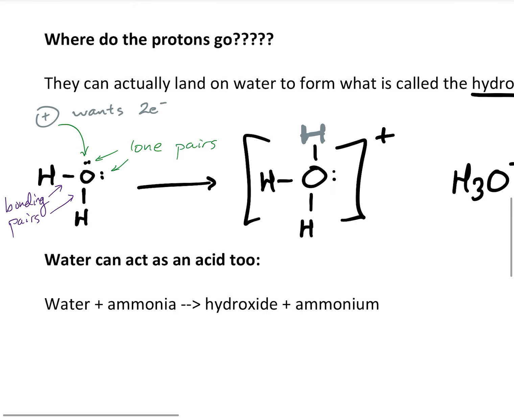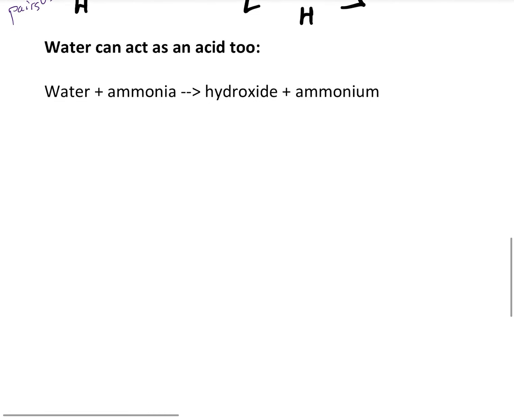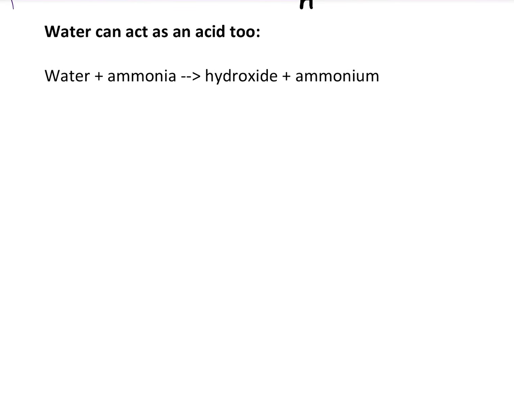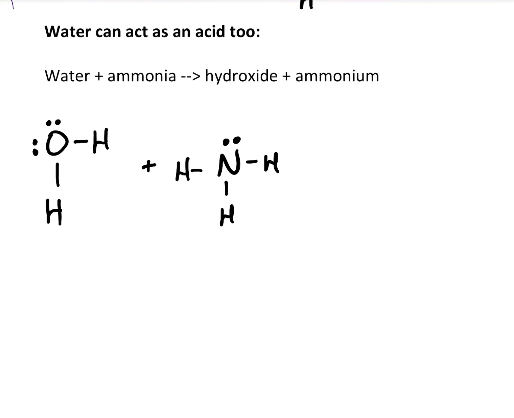Now, another weird thing can happen with water. Water itself can actually act as an acid. And if we remember the definition that I just said, an acid is any chemical that can release protons. So sometimes, in your giant solution, you've got ammonia. Now, ammonia is a molecule with nitrogen in it, with a lone pair. And since nitrogen wants to gain 3 electrons and hydrogen wants to gain 1, we see this pattern here.